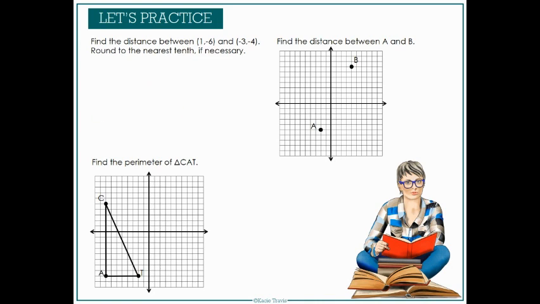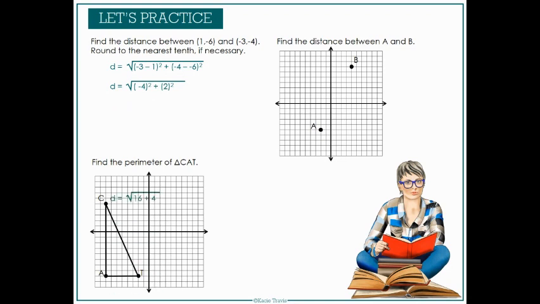So setting up our formula, I'm subtracting my x values. I'm subtracting my y values. When I get my -3 minus 1, that is -4. When I get my -4 minus -6, that gives me a +2. So I go through and I set this up.